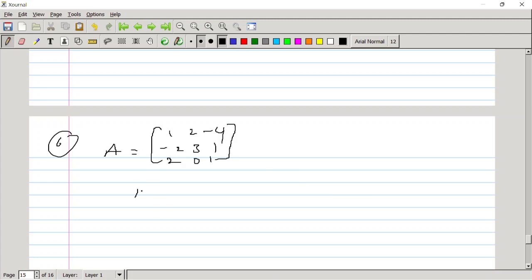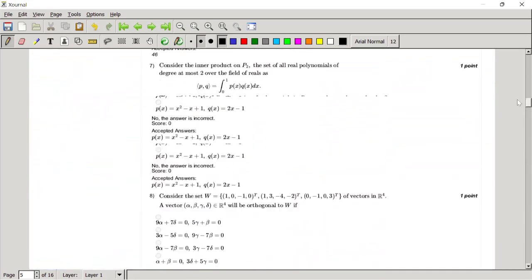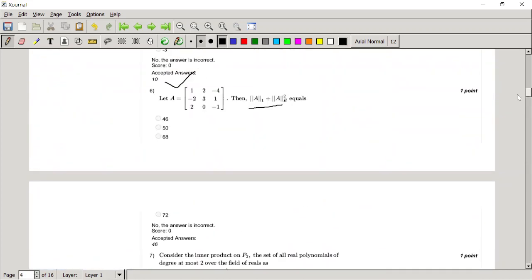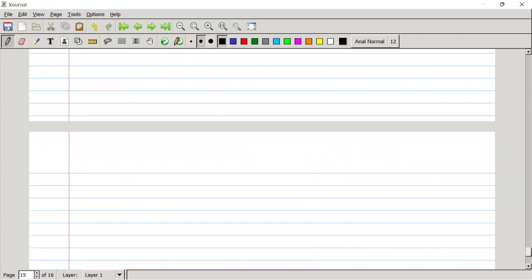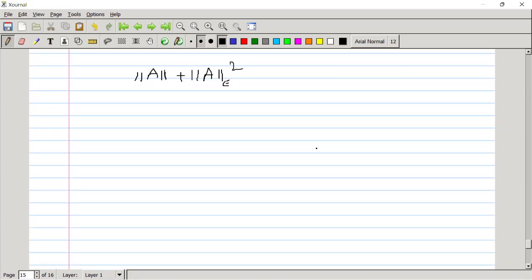It is asked to calculate the norm of A1 plus norm of AE squared, I think. Let me check that once again. Yes, norm of A1 and norm of AE squared. So can anybody tell what are the definitions of norm of A1 and norm of AE?